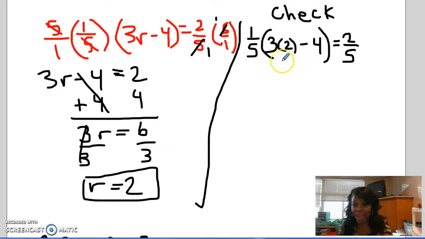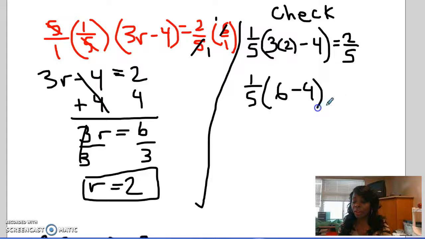Okay. So let's evaluate the expression in parentheses first. And we have 3 times 2 is 6. And 6 minus 4. Close the parentheses. In algebra, it's so important to work going down and just evaluate going down. And to be patient. 1/5 of 6 minus 4 is 2. 1/5 times 2.